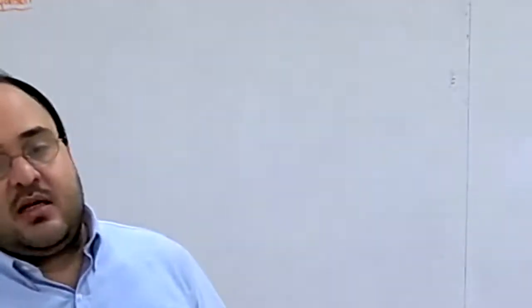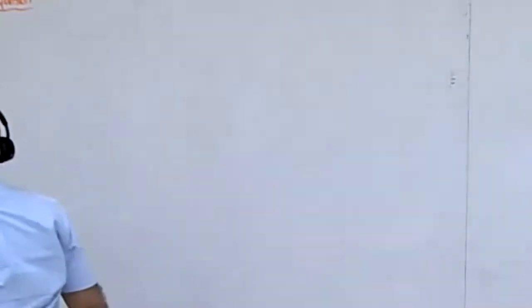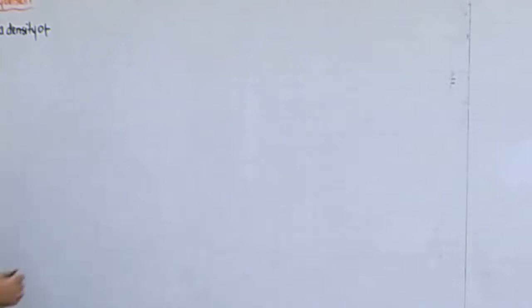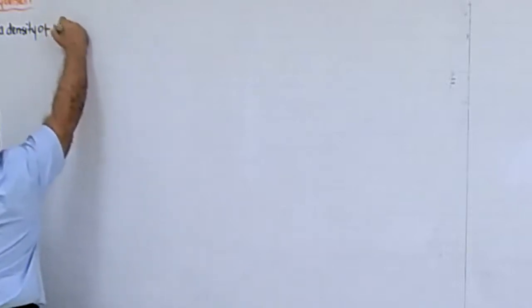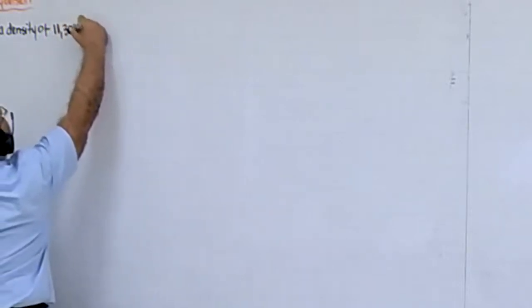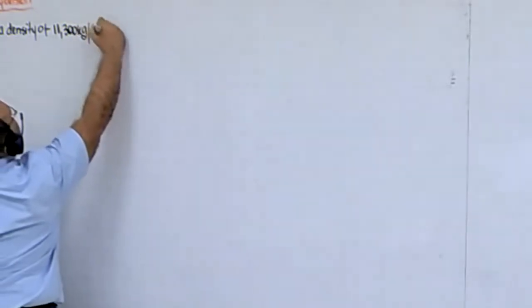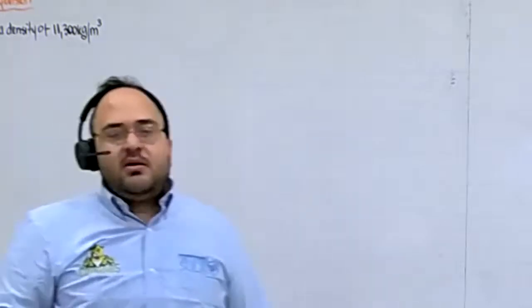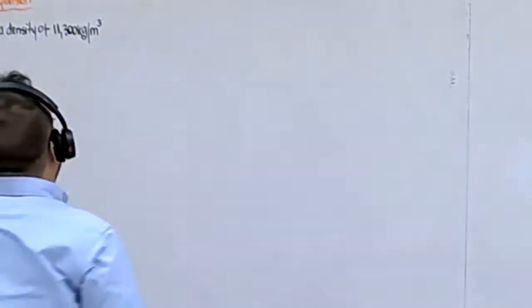Well, in this example of the volumetric expansion, it says lead has a density of 11,300 kilograms per cubic meter at 0 Celsius degrees.